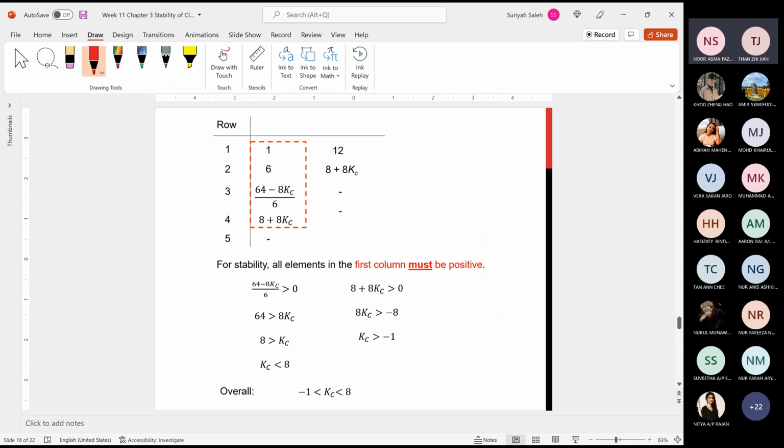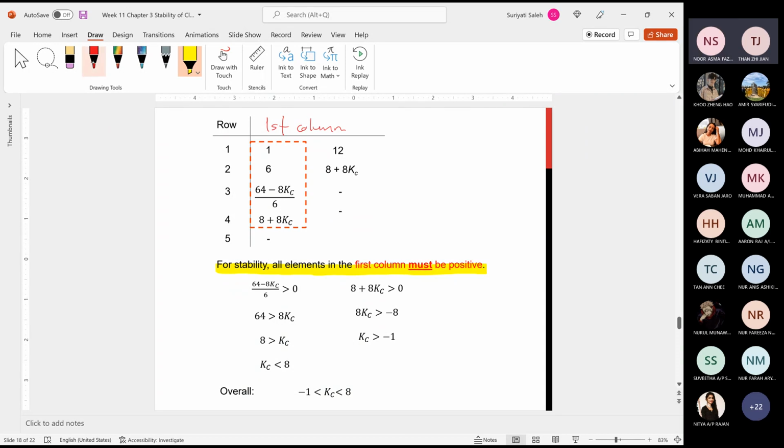So now to achieve the stable response, we need to take a look at the first column. So this is our first column. According to the stability, all elements in the first column must be positive for achieving the stable response.